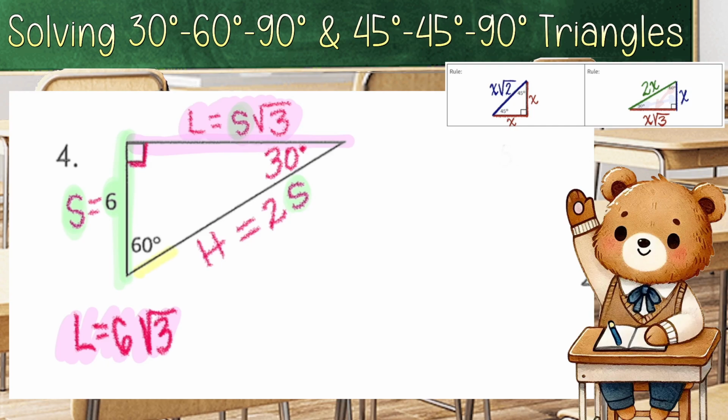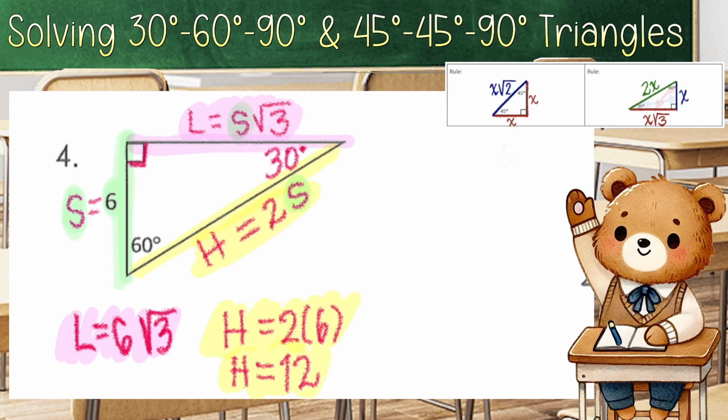Next, we're going to look at the hypotenuse rule. H equals 2 times 6. Is there anything I can do to simplify this? Well, I could just finish the problem. 2 times 6 is 12, so H is 12. And there you have it. That's the end of number 4.